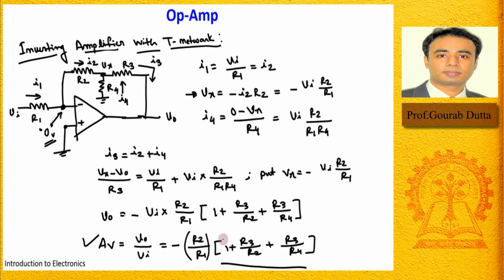So here the values of individual resistances you can control quite easily, compared to the previous simple amplifier case, right?